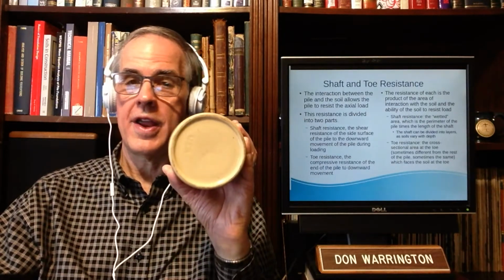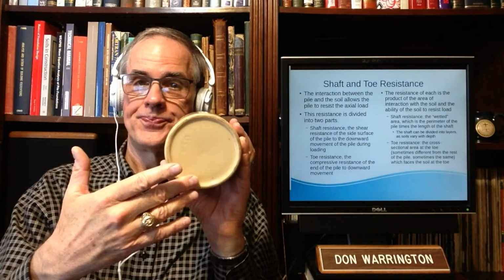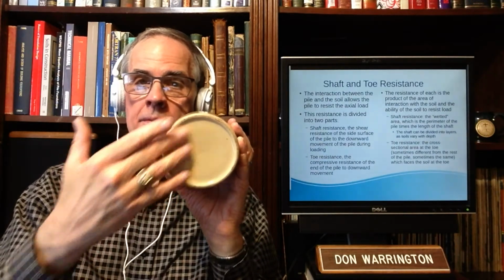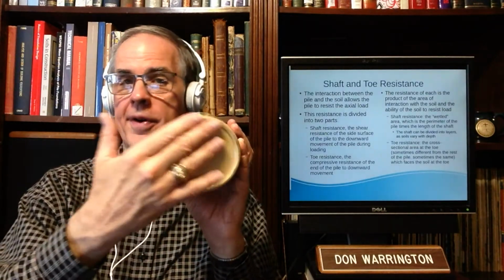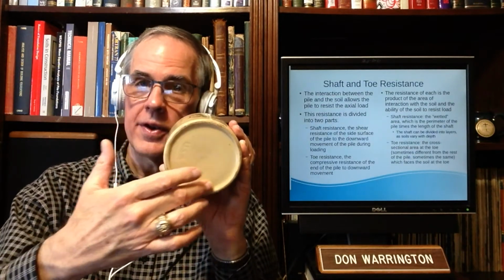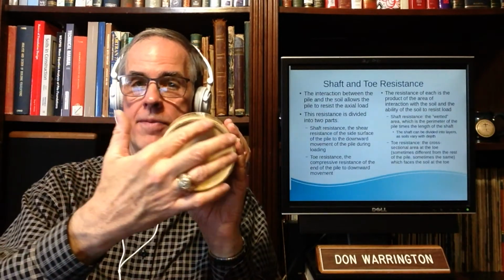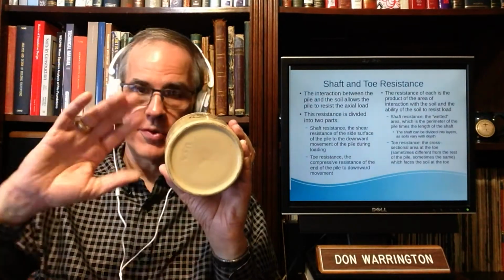Toe area, on the other hand, is just the end of this thing. In this case, it's pi d squared over 4 for a closed end. If this end were open, it would simply be the rim, taking into account plugging issues, which we'll get into later.